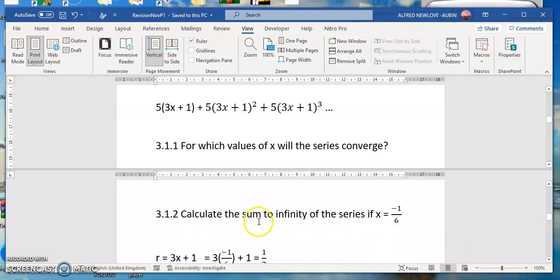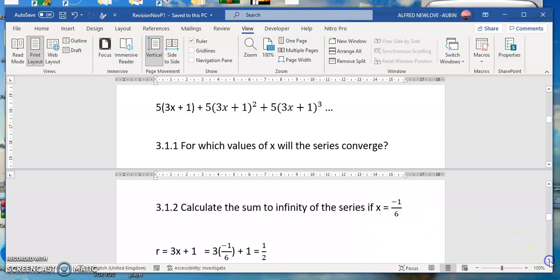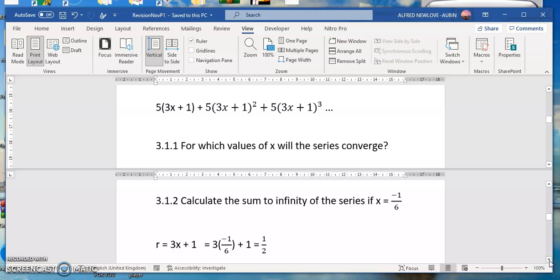Then the question says, calculate the sum to infinity of the series if x is equal to -1/6. What are we going to do? Now we have our common ratio. To calculate the sum to infinity, we need r. Remember, there is a variable x in this, so we have to find the value of r.